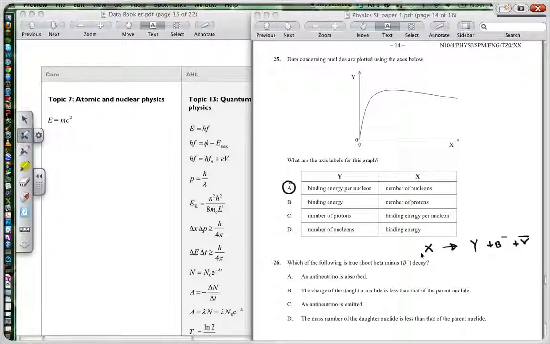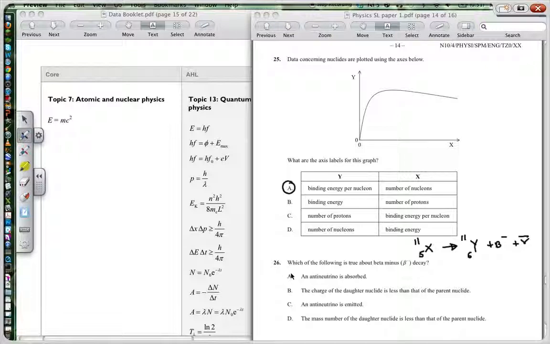Let's just say this is 5 and 11, for instance. Because it's beta minus, you're actually going to have an extra proton here, so it's 6. One of your neutrons actually changes into a proton, but the atomic mass number stays the same.